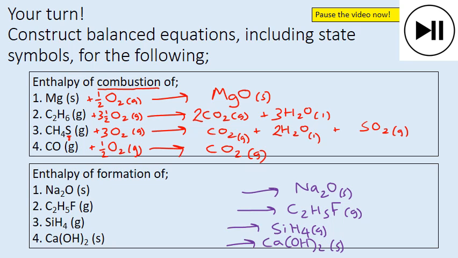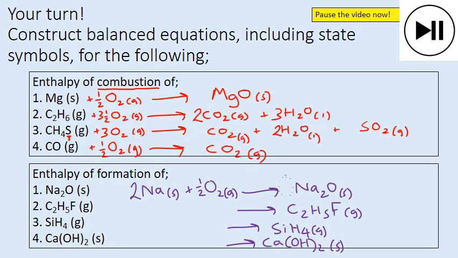So the elements in Na2O are sodium, which is a metal, solid, and I need 2 of those, reacting with oxygen. Oxygen is O2 gas, as an element in its standard state. So put a half here. Remember, I can't change the value in front of the Na2O because then it would no longer be the enthalpy of formation. It would be twice the enthalpy of formation, for example, if I put a 2 there.